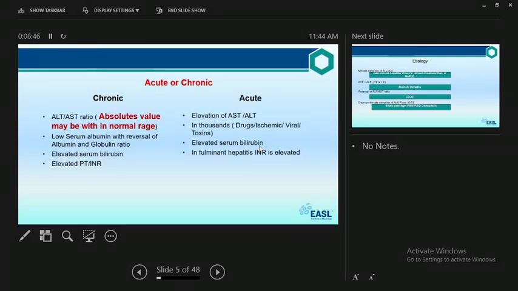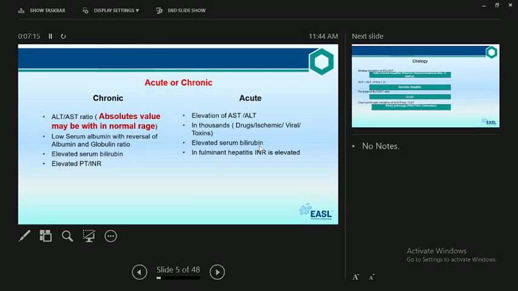As you know, ALT is liver specific, whereas AST is produced by the liver, skeletal muscle, heart, red blood cells and so many other tissues. Once the liver is damaged and fibrosed, the hepatic production of ALT goes down, whereas AST production remains more or less the same, because there are other sources. So the ratio is important rather than the absolute value.